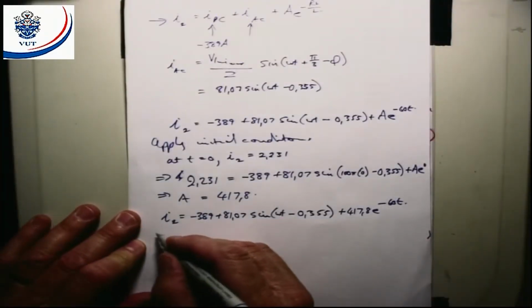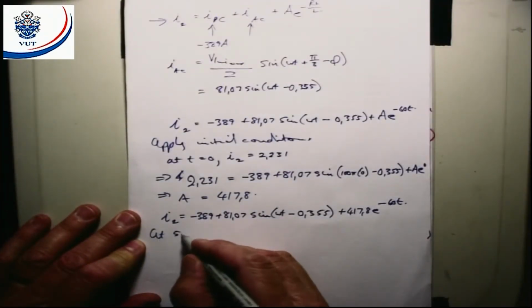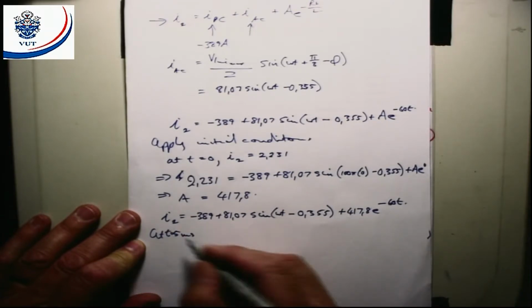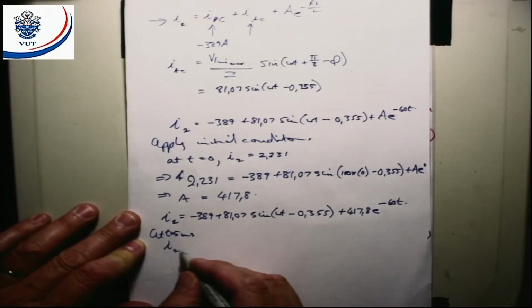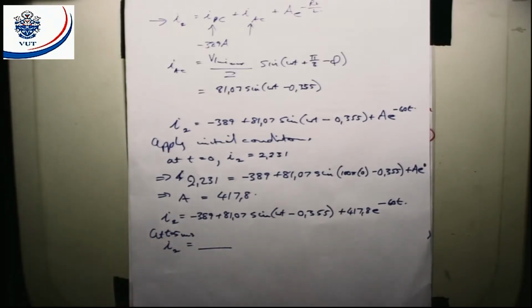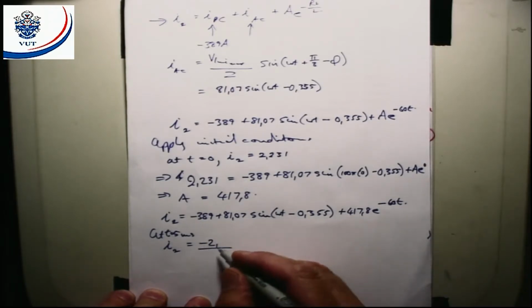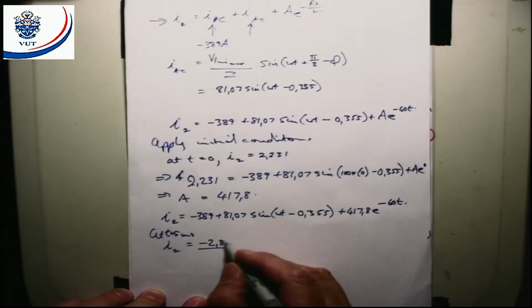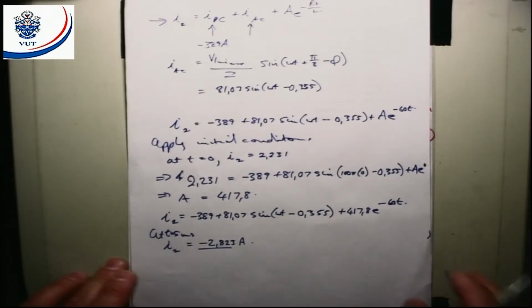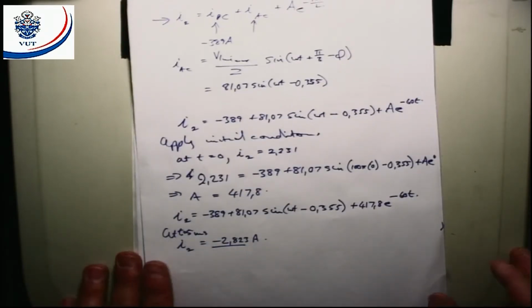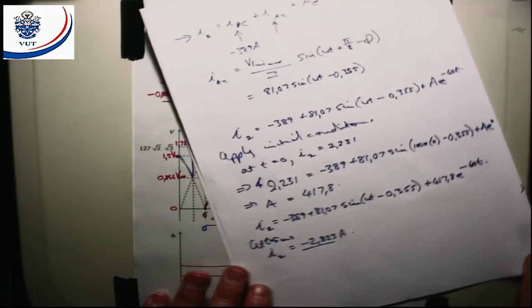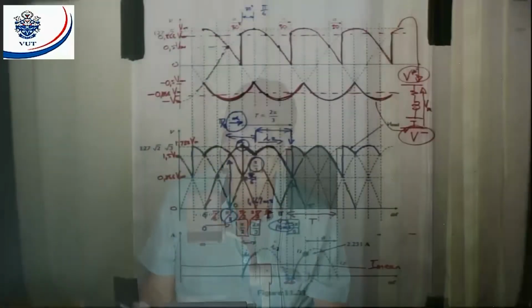So therefore, I go to this equation. I say at t equal to 5 milliseconds, I2 is equal to, and I get a negative number, minus 2,823 amps. What does that mean? How do I see that's where it switches over?